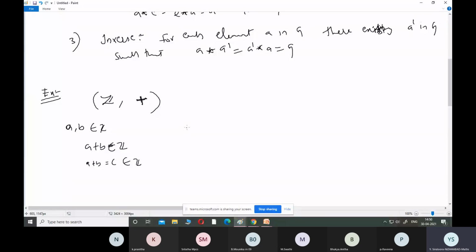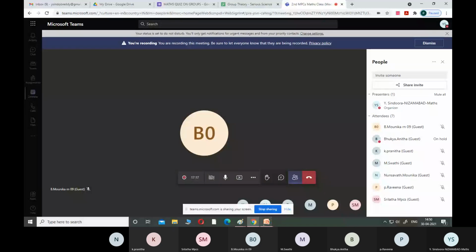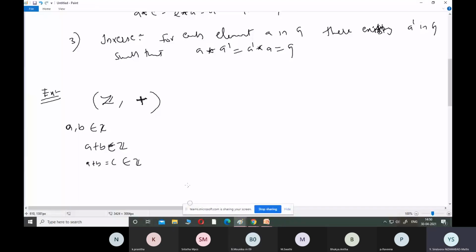Can you give me two elements from the integers? Give me two elements of Z. Yeah, -2 and 5.